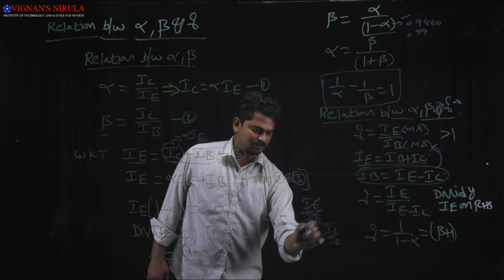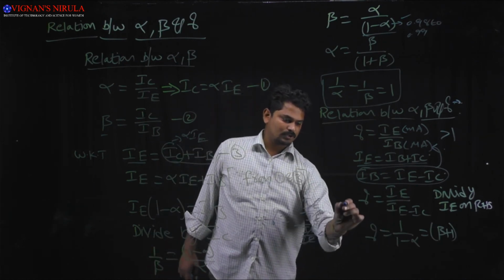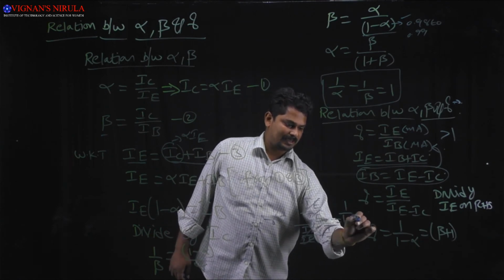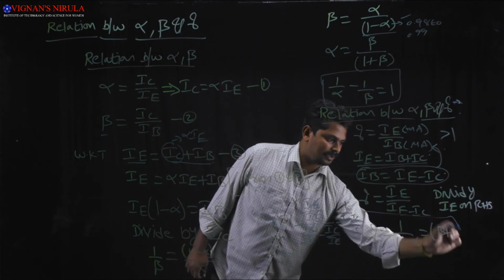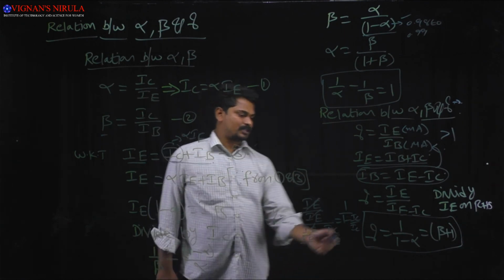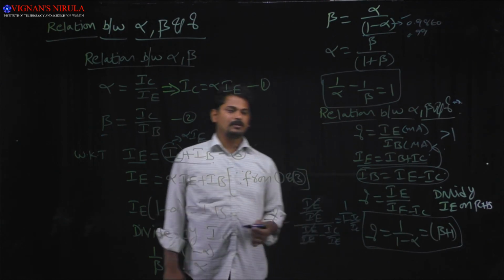So this will get cancelled, and we get gamma equal to 1 divided by 1 minus IC by IE. Here the value of IC by IE is alpha, and from that we get the relation between alpha, beta and gamma: gamma equal to 1 divided by 1 minus alpha, and that is equal to beta plus 1.